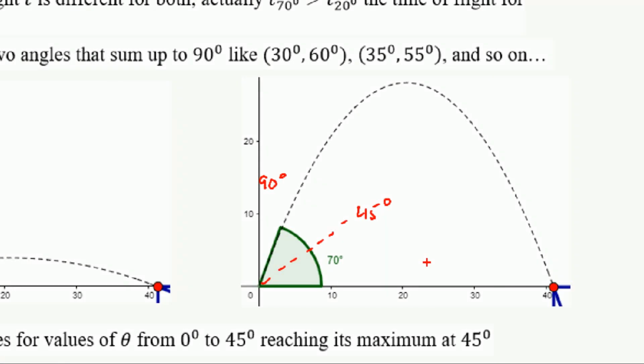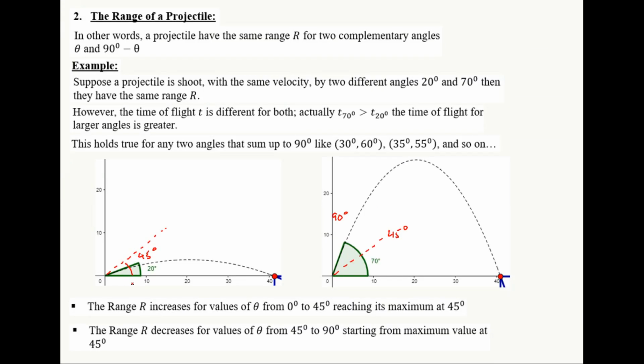So going from 45 degrees to 90 degrees makes the range decrease. And going from 0 degrees to 45 degrees makes the range increase, reaching its maximum R max at 45 degrees.